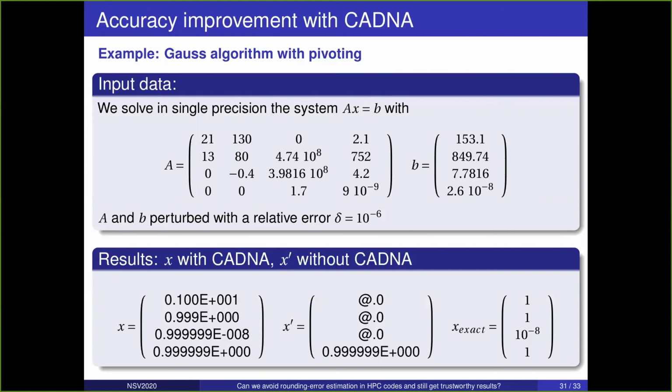And we get X with CADNA, X prime without CADNA. And so you can see that without CADNA, in X prime, you get numerical noise. And with CADNA, the accuracy is much more satisfactory.